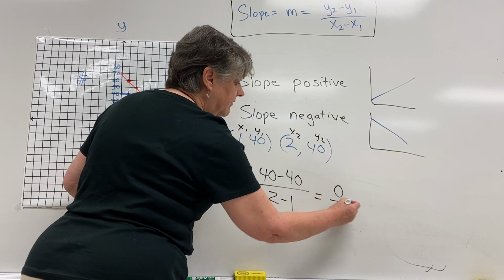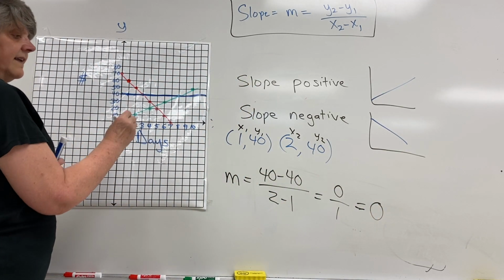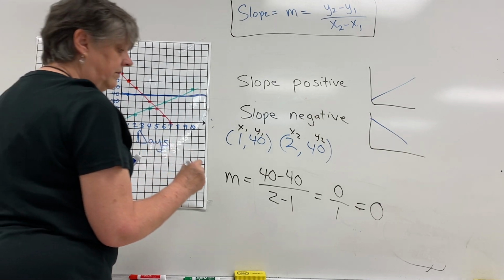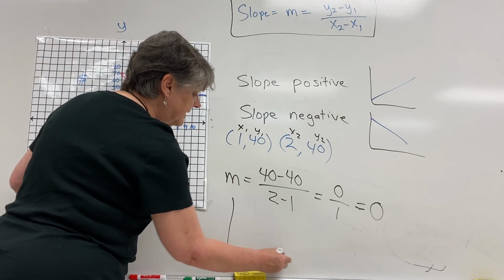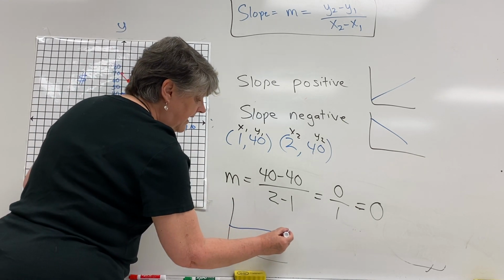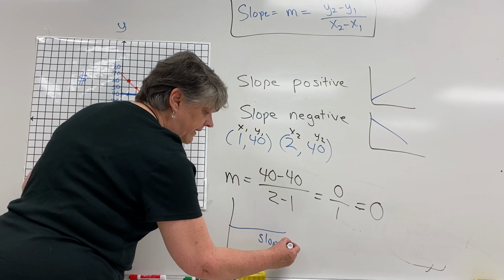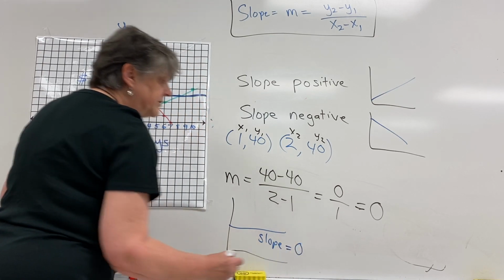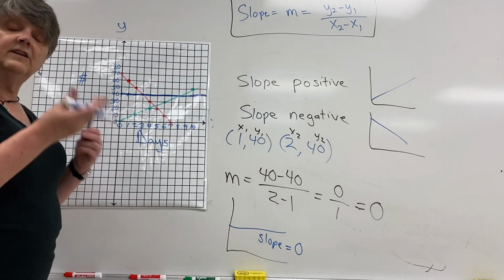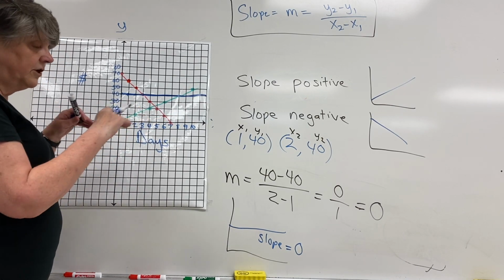And that gives me 0 over 1, which is 0. Horizontal lines like that have a slope of 0. So whenever you have a horizontal line, that's going to be a slope of 0. There's no rate of change. My y didn't increase or decrease as x went on. So it has a slope of 0.